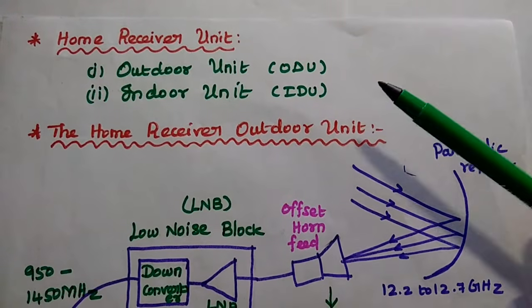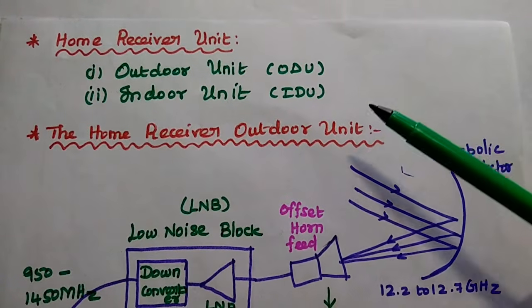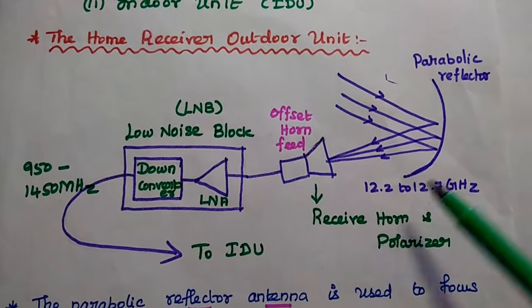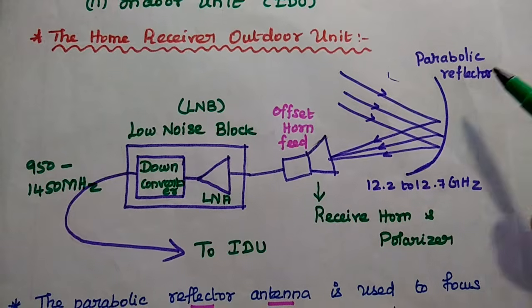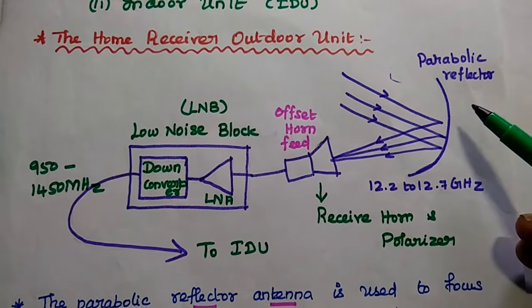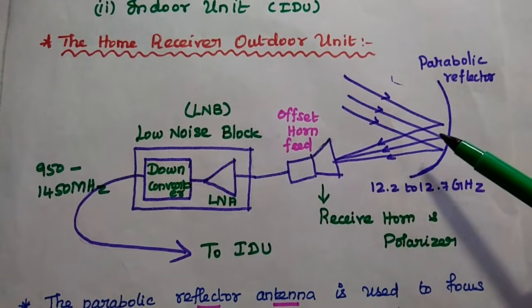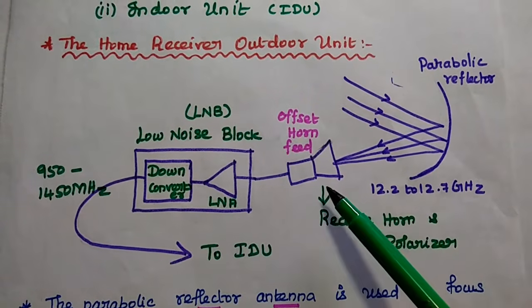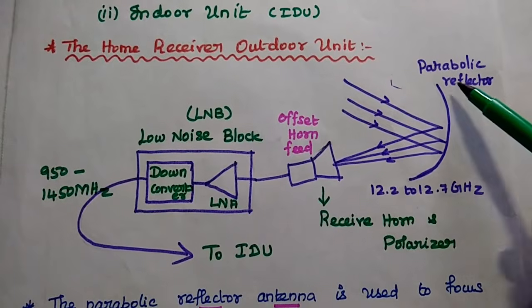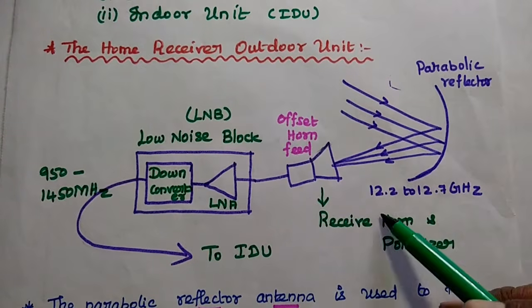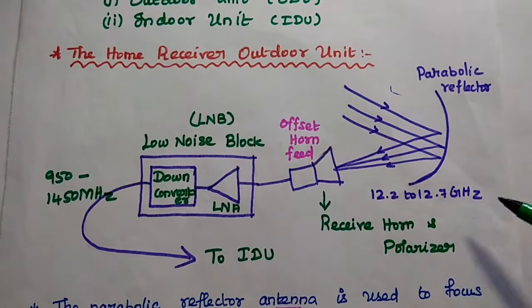It consists of two units, outdoor unit and indoor unit. In the outdoor unit, we have the parabolic reflector, that is nothing but the dish antenna. It is used to receive the downlink signal and then feed the signal to the horn. The downlink signal frequency is 12.2 to 12.7 GHz.